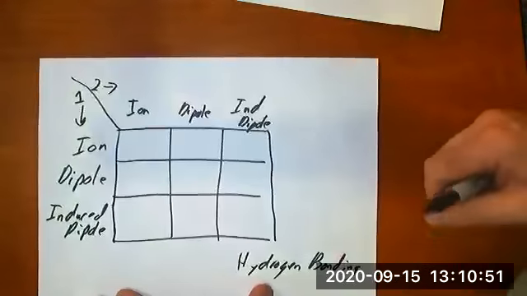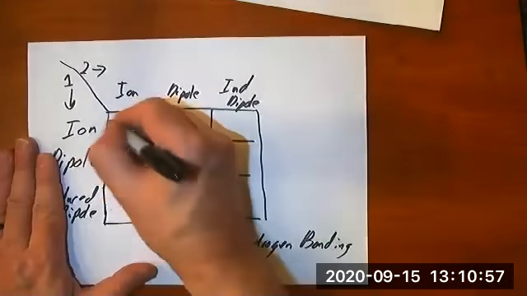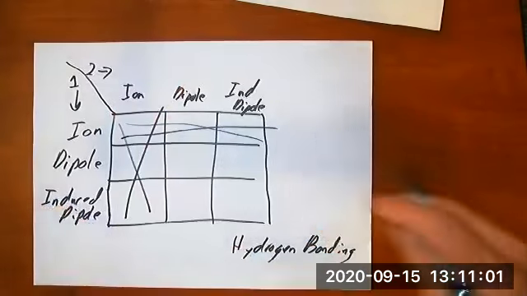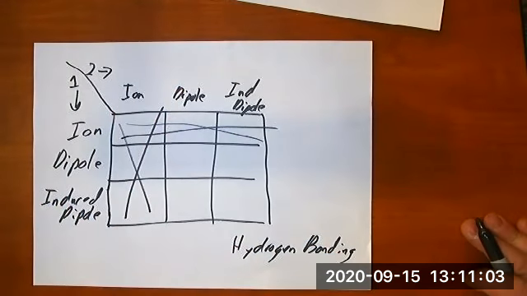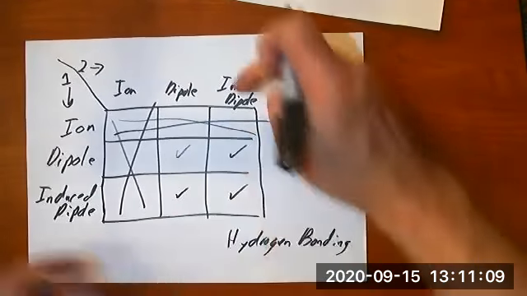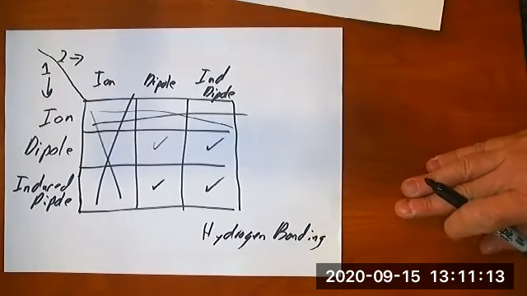So that then takes us back to this. If we look at a particular compound and we say there are no ions, boom, gone. And in fact, that one goes away as well. If we say, yes, it has a dipole, then we have this, this, this, this, because everything has induced dipole, and then you determine does it have hydrogen bonding.